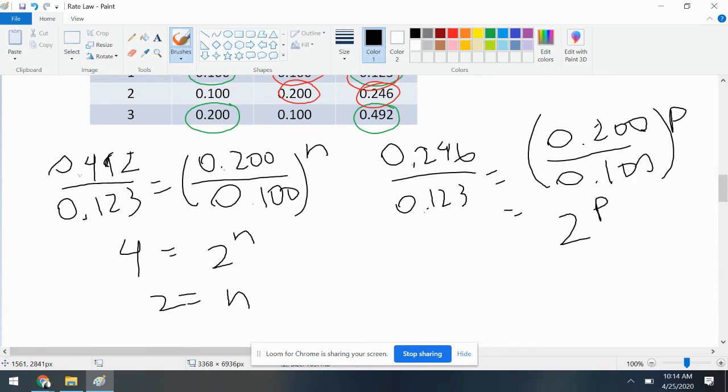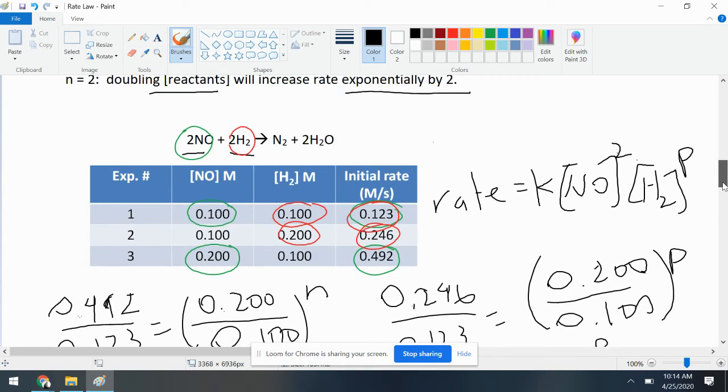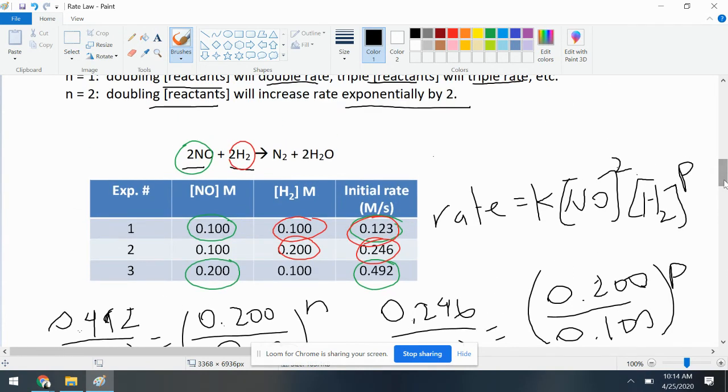Okay, 0.246 divided by 0.123, that's going to be 2. Looks like p is going to be 1. Here we go. So the reaction order for H2 is going to be 1.